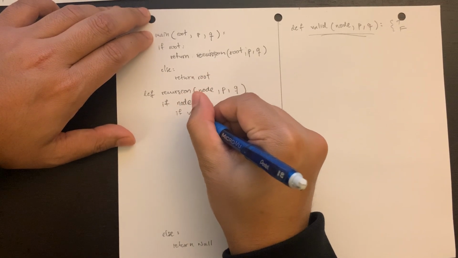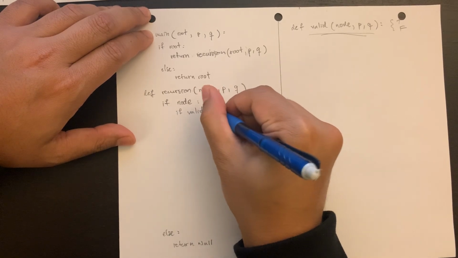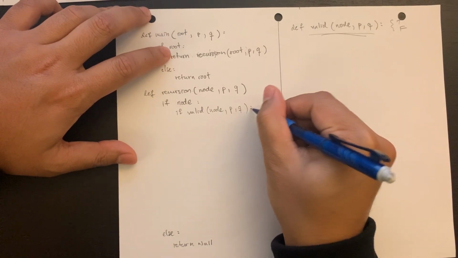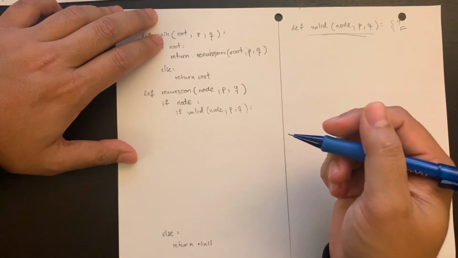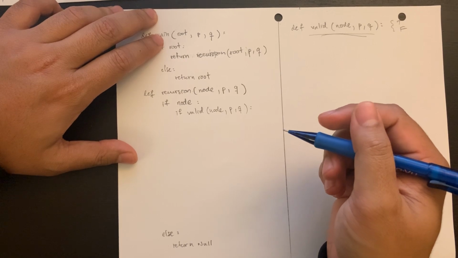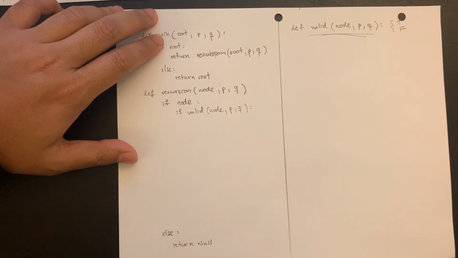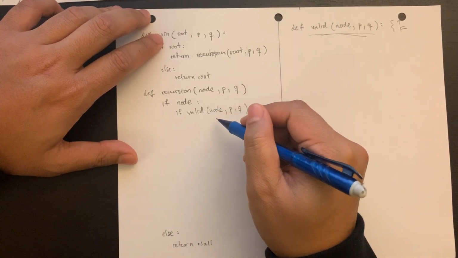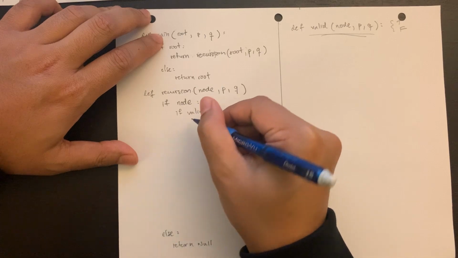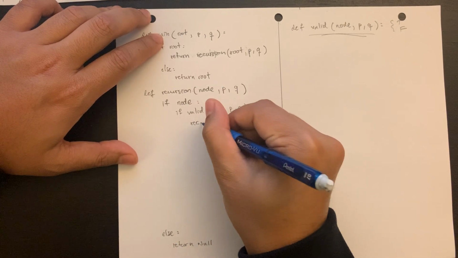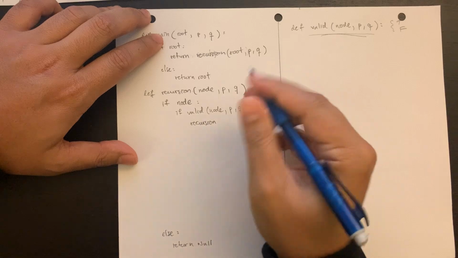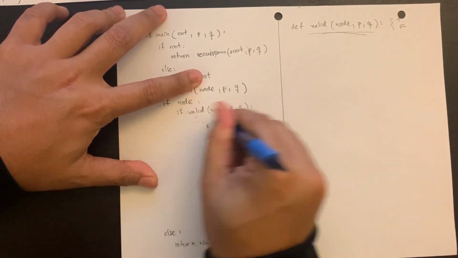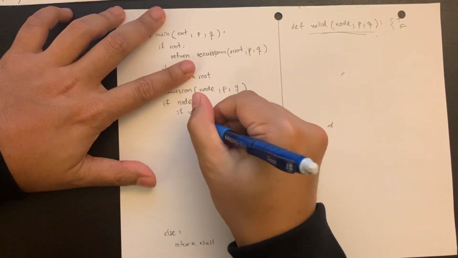So if valid nodes P and Q, we want to recurse our child. So we have to do recursion on node. We want to save this information.